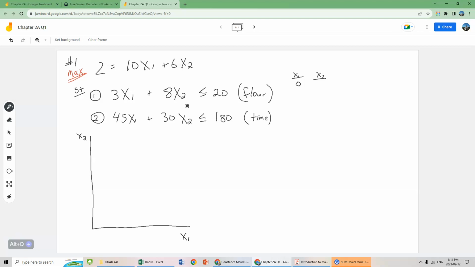So in this first constraint, if x1 is 0, it means 8x2 is less than or equal to 20. And because we're trying to find the boundary limit, the maximum value, we're going to set that to be equal to 20. So 8x2 equals 20, x2 would equal 2.5 here.